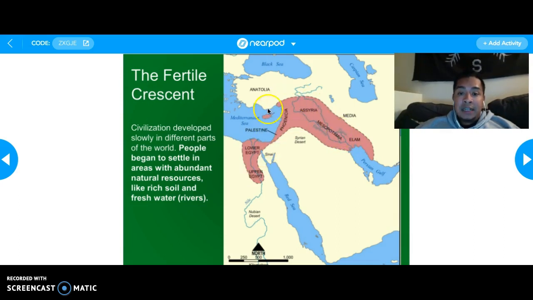All this right here is the Fertile Crescent, and they settled here because there were sources of fresh water, most importantly the Euphrates and the Tigris River, and here's the Nile River as well. Again, early man started in Africa and they made their way up into the Fertile Crescent.